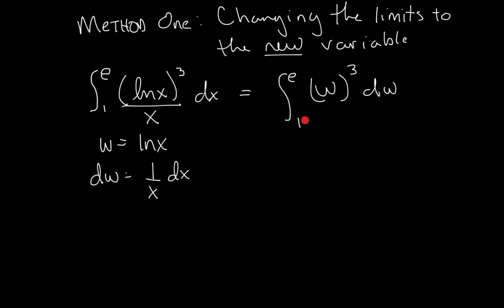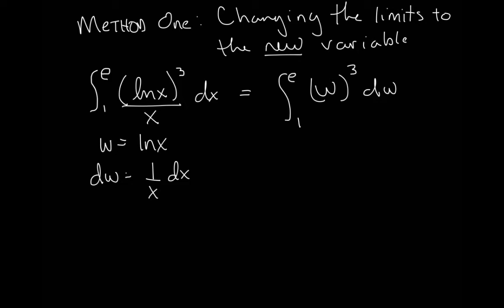This is an integral that deals with w cubed. That's very different than an integral that dealt with natural log from 1 to e. So the proper thing to do is to change the limits into the new variable.